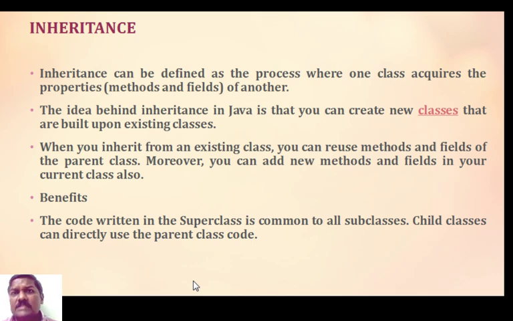We all know that a class contains a collection of properties and methods. So if you want to access one class's properties in another class, we need to implement the concept called inheritance. The idea behind inheritance is that you can create a new class to build upon existing classes. That is, to acquire the concepts of one class into another class. So this is called inheritance.